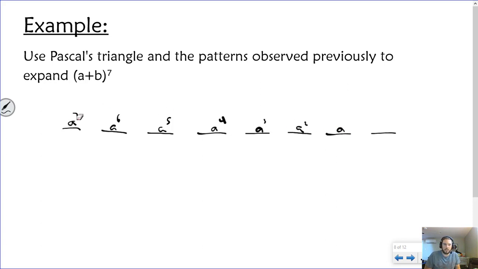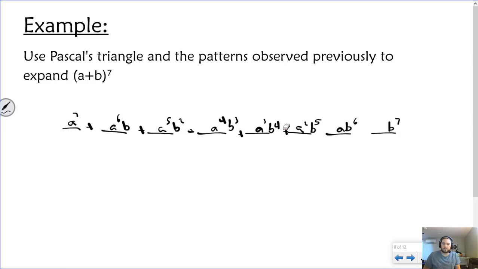And your powers of b are going to go up. So this is b to the 0, b to the 1, b to the 2, b to the 3, b to the 4, b to the 5, b to the 6, and finally b to the power 7. Each term is going to be added.